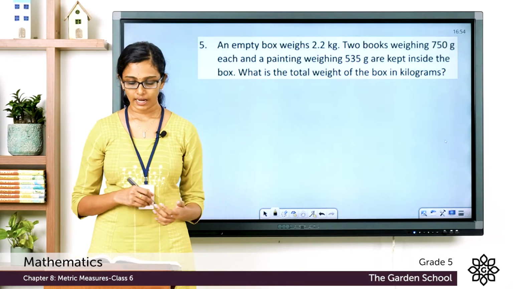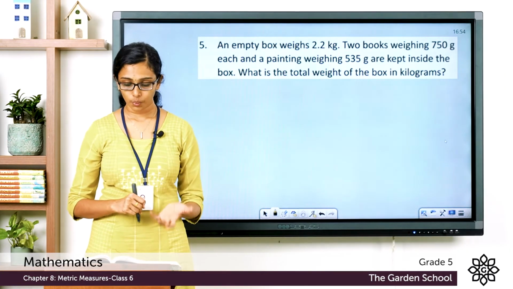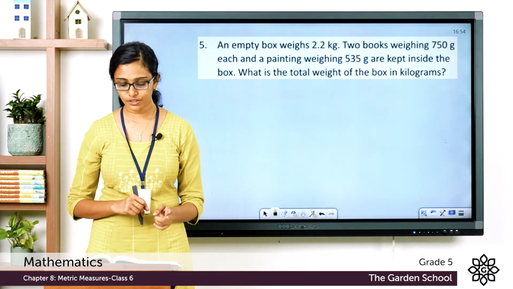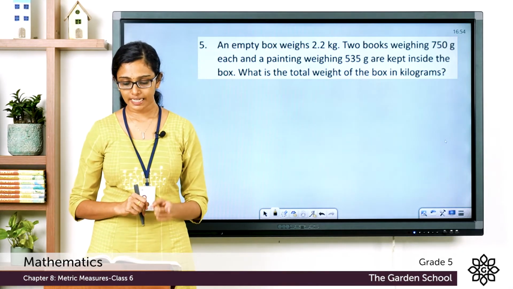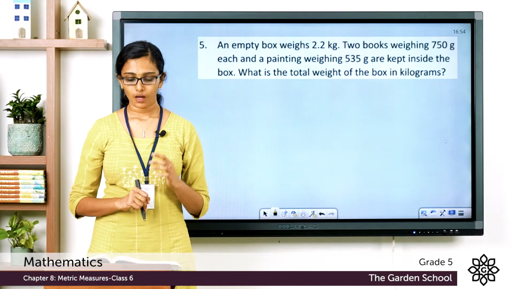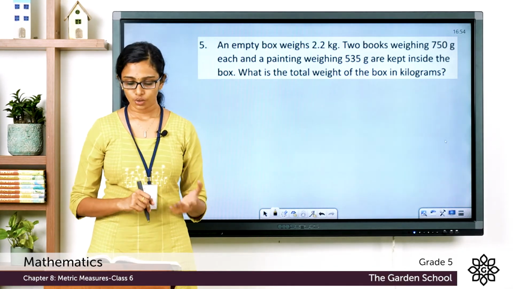Question number 5. An empty box weighs 2.2 kilogram, 2 books weighing 750 gram each, and a painting weighing 535 gram are kept inside the box. What is the total weight of the box in kilograms? So, what are you given?